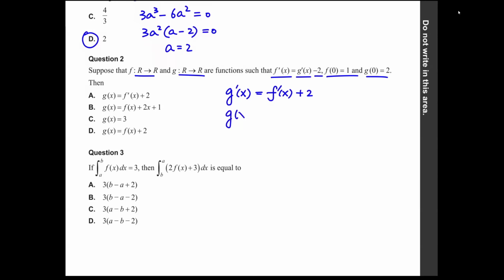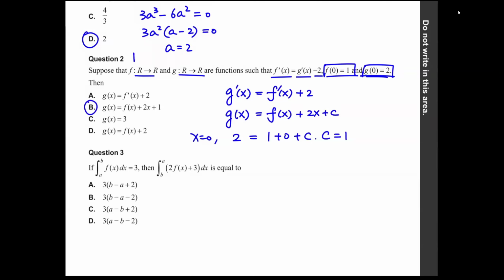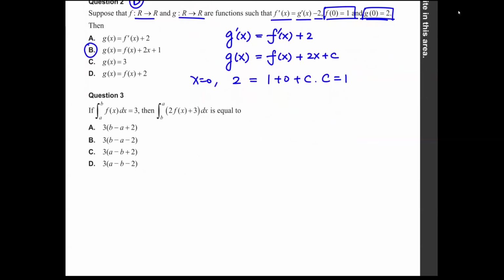And I can anti-derive both sides, getting from g dash to g, and f dash integrated to f, plus 2x plus c. And I substitute x equals 0. Then with x equals 0, you have 2 equals 1 plus 0 plus c. So c equals 1. Option B. Basically, this is just an antiderivative.